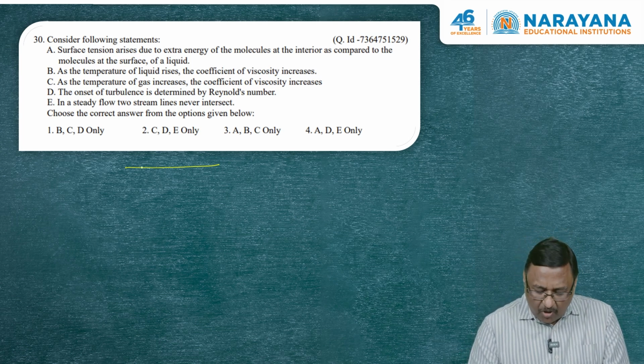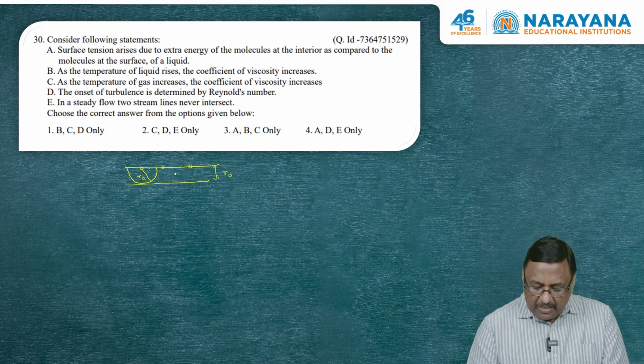If I consider molecules lying on the surface, and say this is the radius of the region of molecular activity, denoted by R naught, then all the molecules lying within this range of R naught will experience a net downward force.